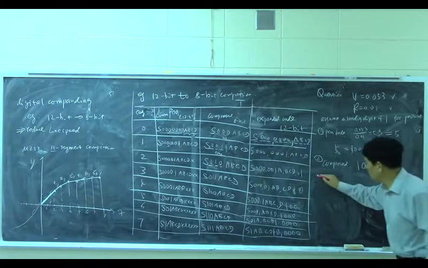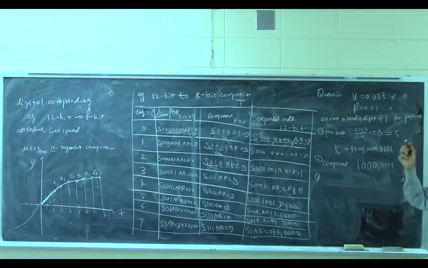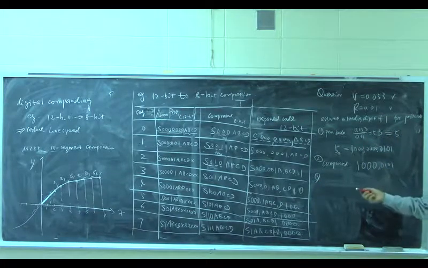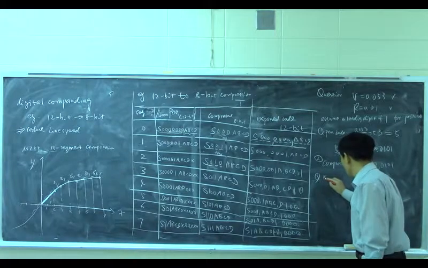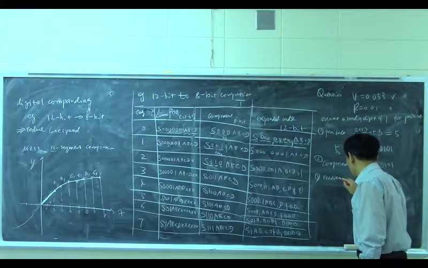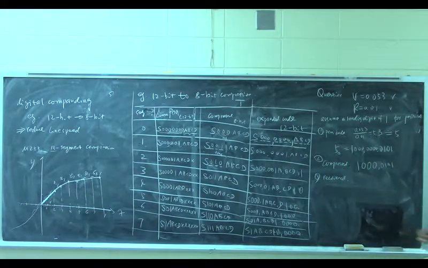Okay, the next one will be we transmit this and then receive this, then we expand this. The recovery. What is the recovery of this? We need to expand this back to 12.